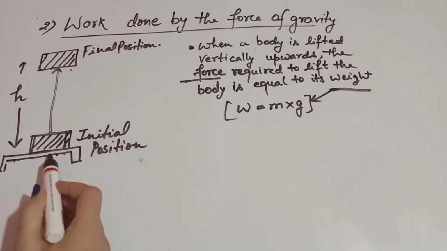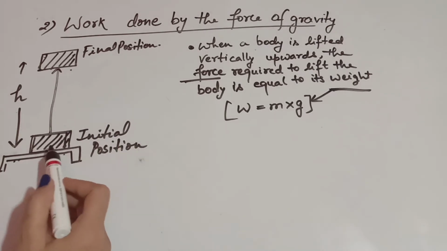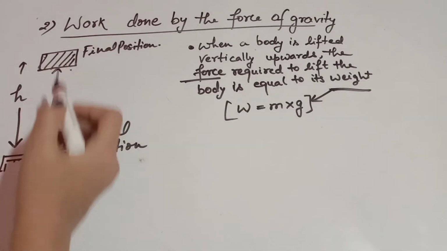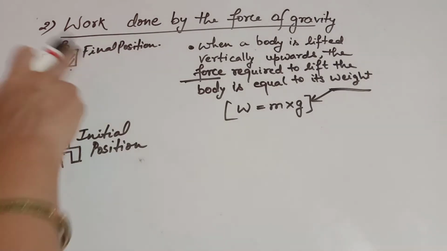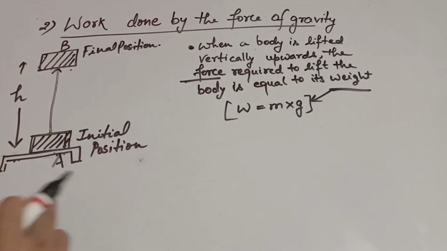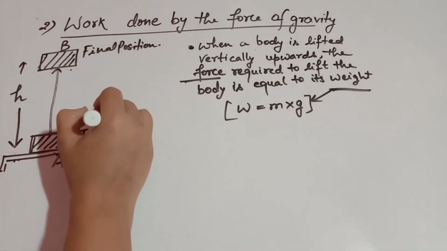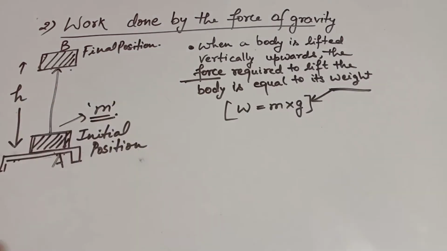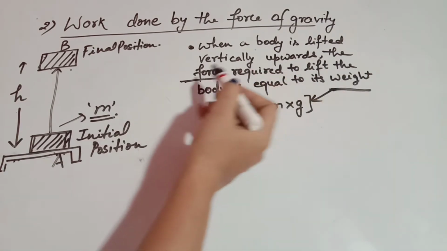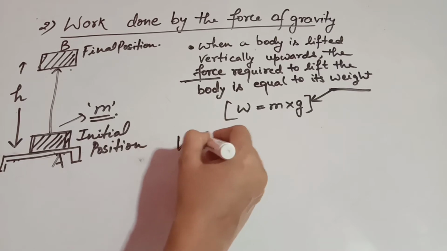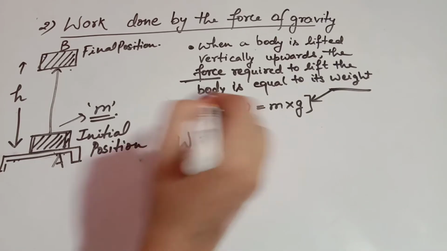Now you understand, this is the initial position of your object. We lifted this object to this point. Suppose this point is A and this is B. So from initial to final position we lift this object and the height is h. Vertically upward we lifted this object through the height h. Now let us consider the mass of the object is small m. Then the force required to lift this object is equal to its weight. Then we know that the work done is equal to force into displacement.